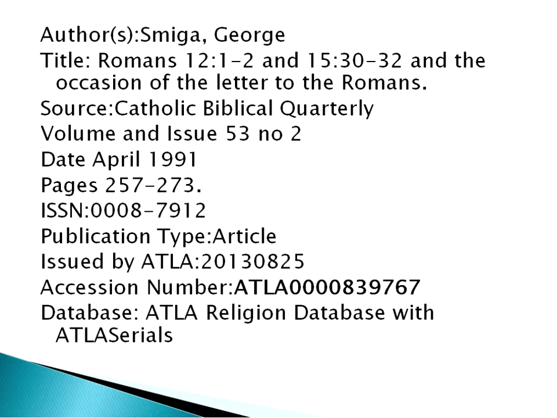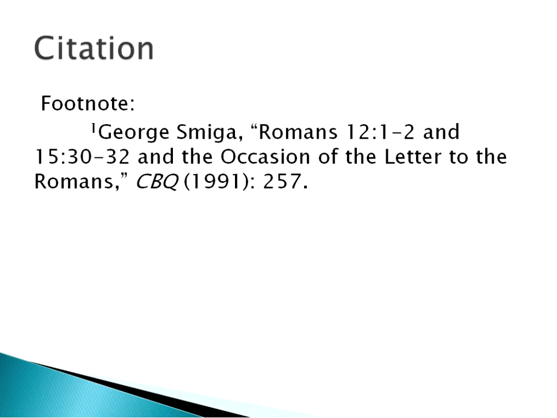And so I think when I pull off the information, let's say in the database, I'm going to have all this information. Not all of it applies. So a footnote citation would look like this. George Smiga, comma, in quotation marks, "Romans 12:1-2 in 1530 and the Occasion of the Letter to the Romans," comma.